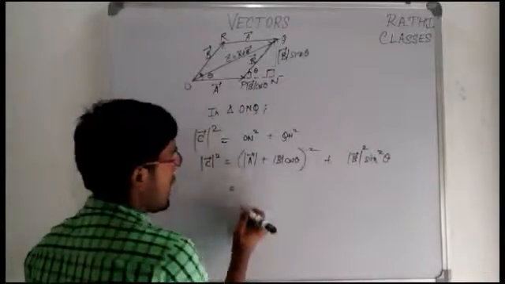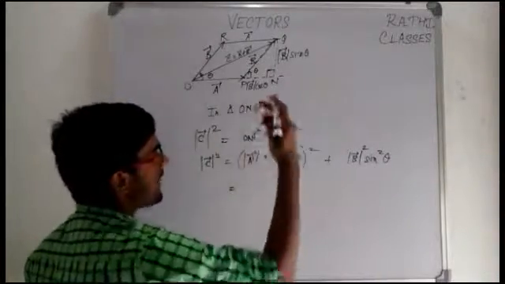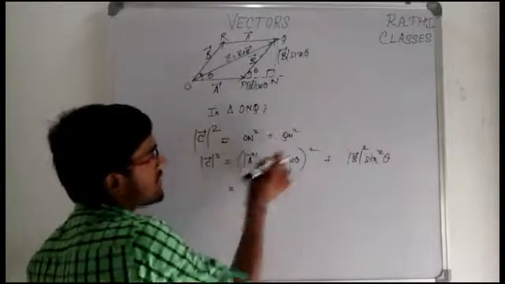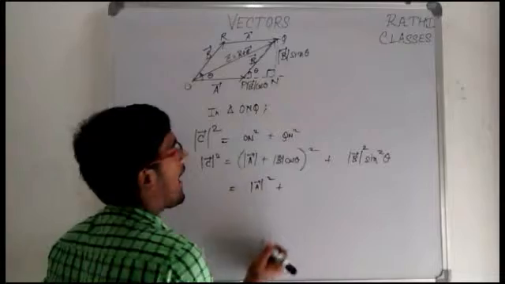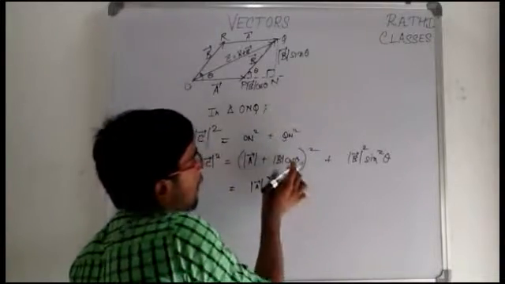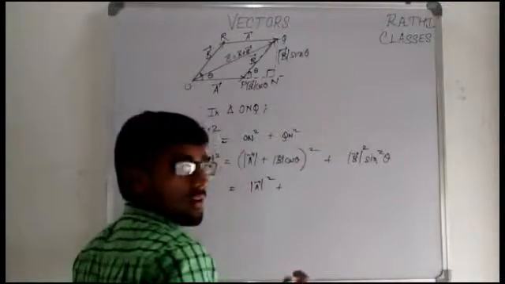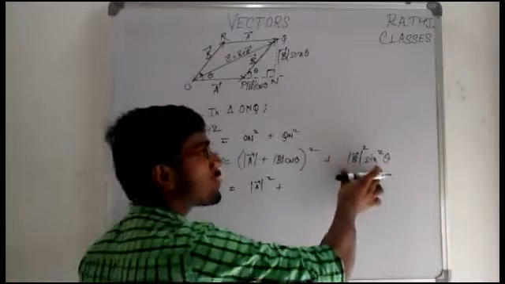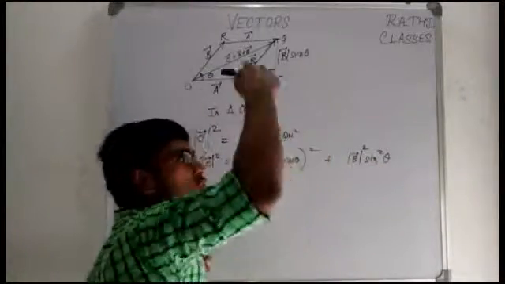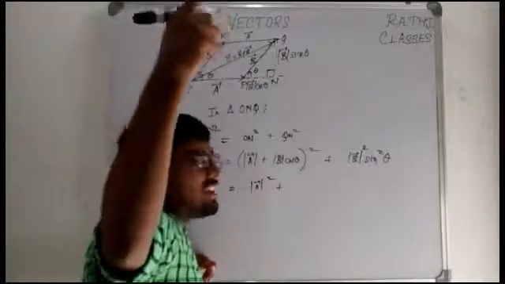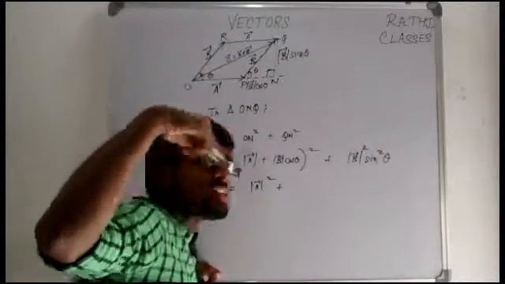If I expand this, I get mod A square, mod B square cos square theta, and I have mod B square sine square theta here. So taking mod B square common, I get mod B square into cos square theta plus sine square theta, where cos square theta plus sine square theta is 1.